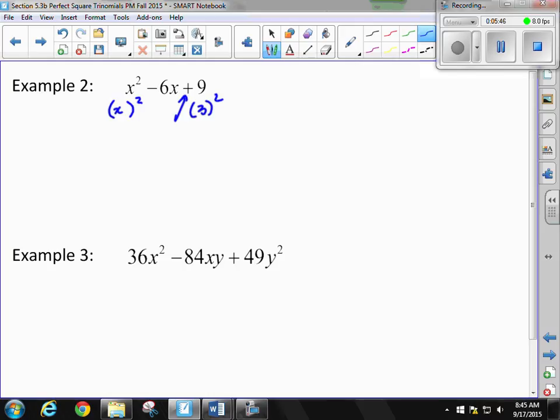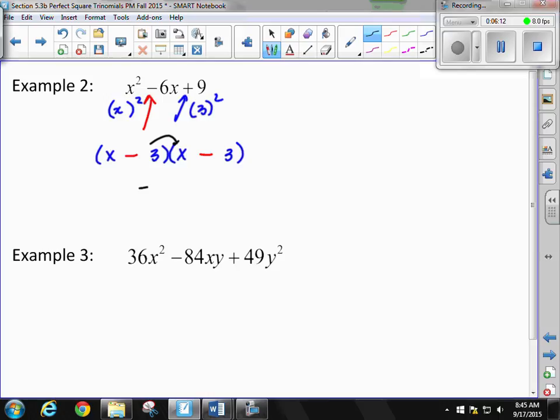Then to begin the factoring, we have the first and the last, the first and the last. We look at the middle term to determine what the sign should be in our factors: negative, negative.